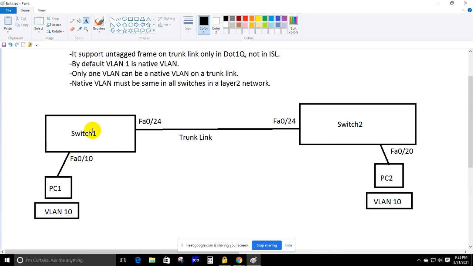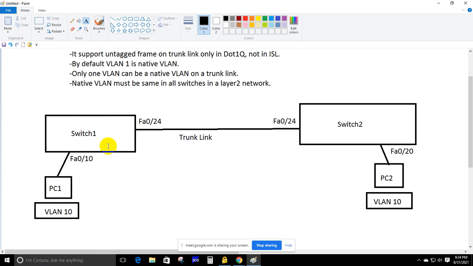Switch 1 sees that this port is a member of VLAN 10 and the destination is on the trunk port.